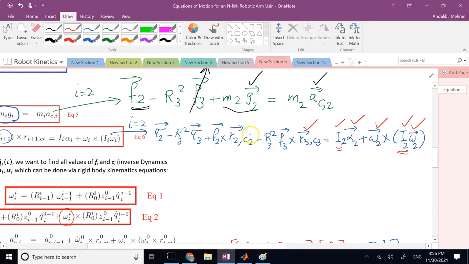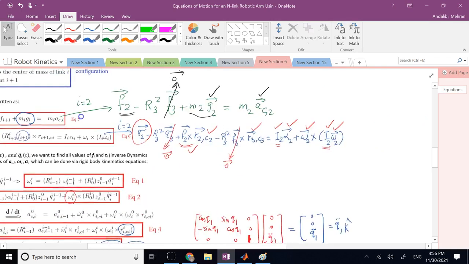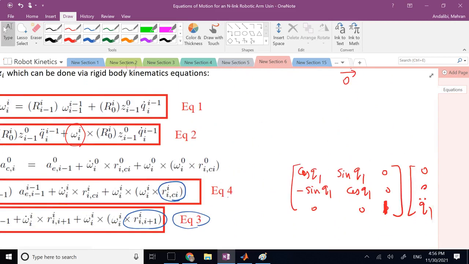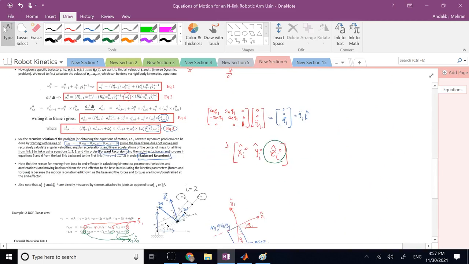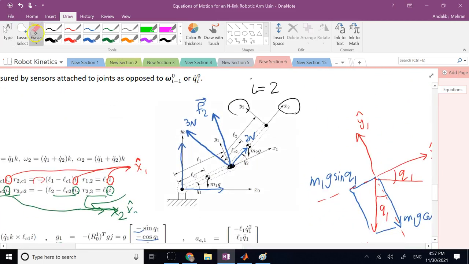The R's are calculated. Tau3 is 0. F3 is 0. F2 is already calculated in the previous step. That allows me to calculate tau2, the torque that you have applied to this joint to rotate it, correct?